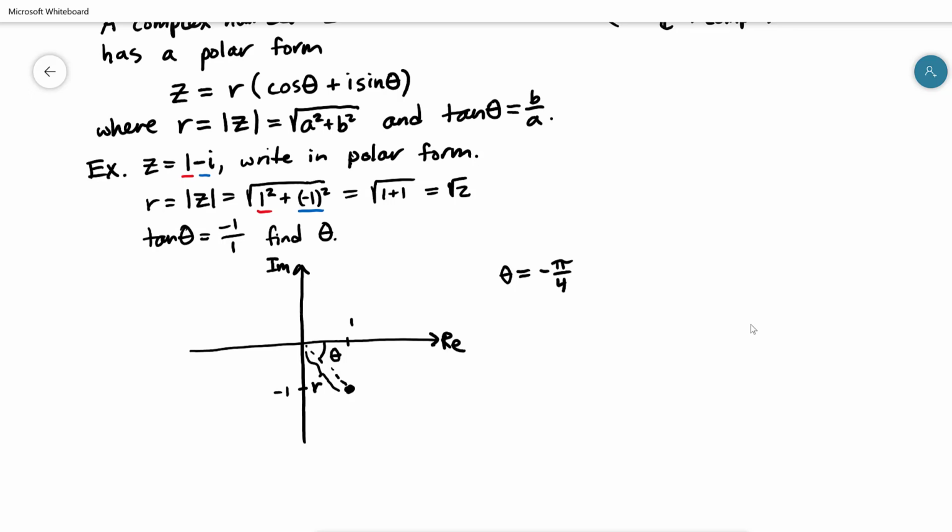That's a -45-degree angle. If you wanted to go the other direction, you could go around that way instead and write it as 7pi/4. It's not going to matter. So this is just a polar representation. Let me clean that up just so it's less messy so we can see it a little more easily. There we go. Okay.